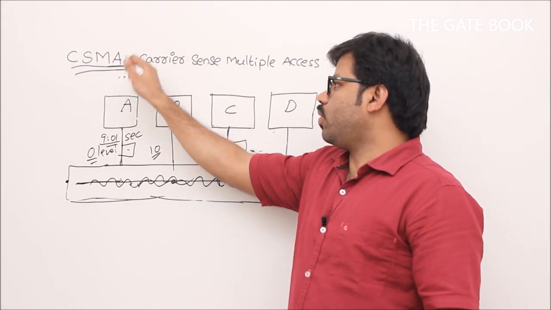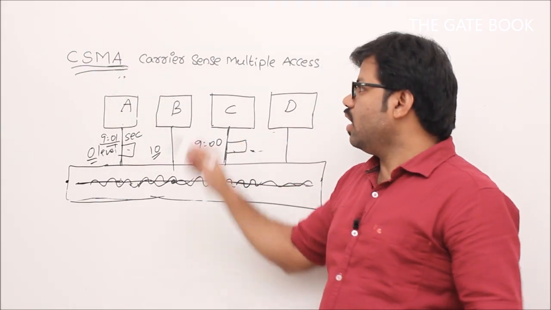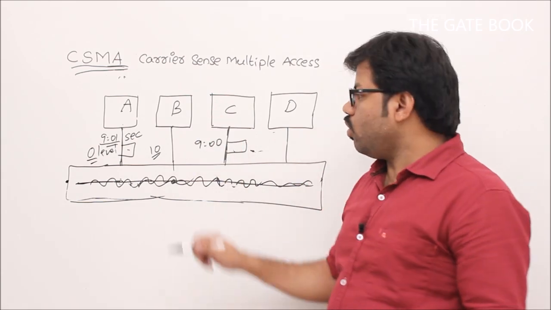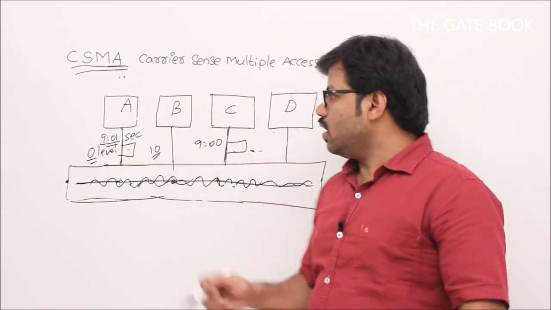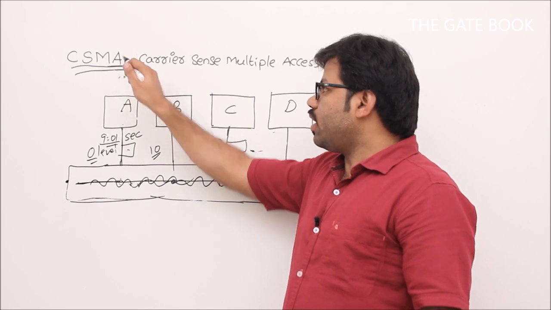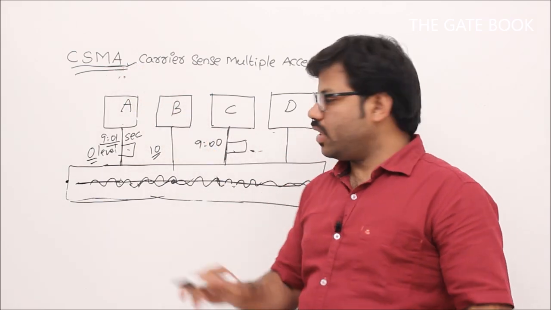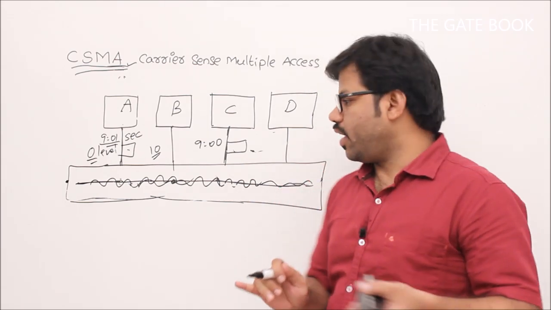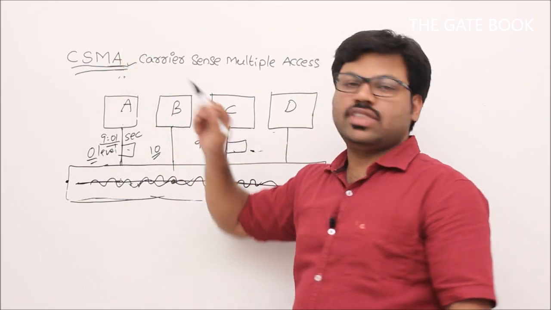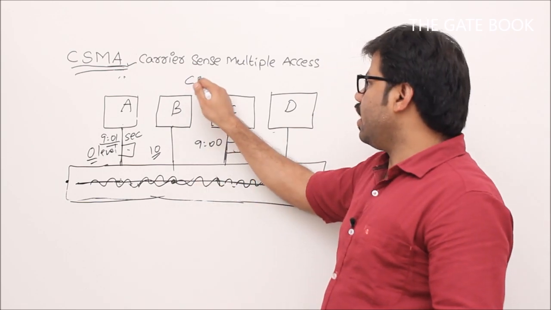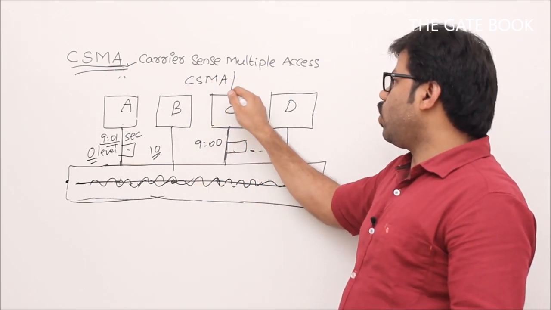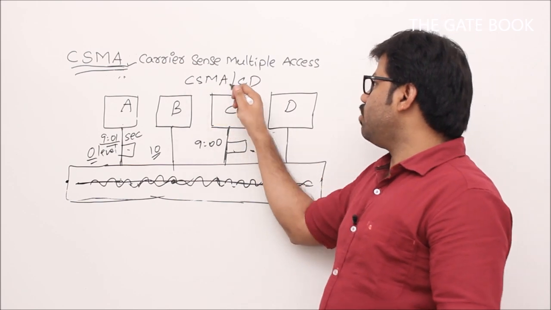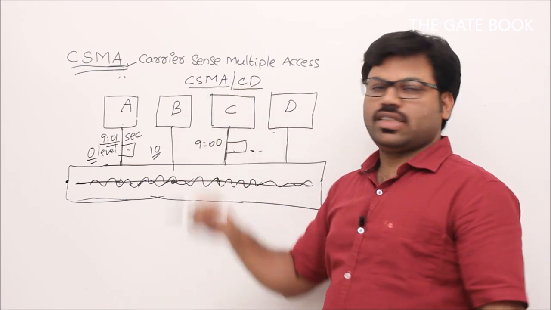In the CSMA protocol we are only talking about, that means this protocol is only designed to sense the channel. This protocol only talks about how to find out whether your cable is free or busy. That's it. So collision detection is not part of CSMA. We will see that in CSMA/CD. Such a protocol is called carrier sense multiple access with collision detection.